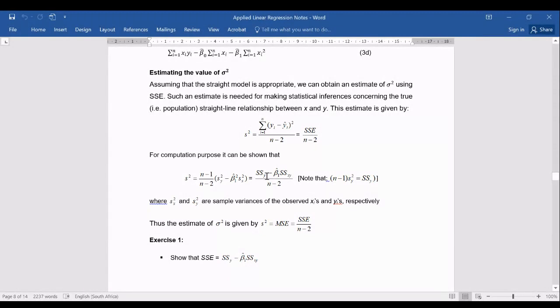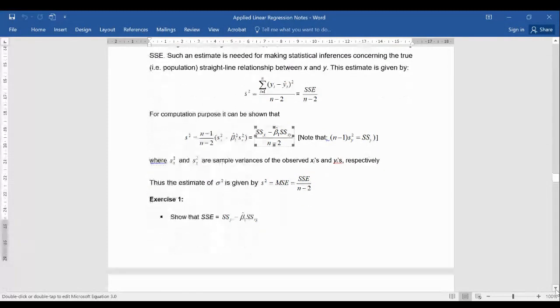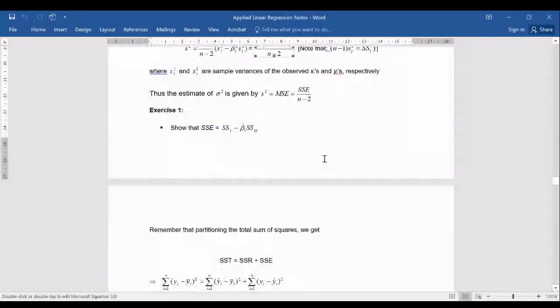So if you look at this part, we just proved the numerator here, that SSE is equal to SSYY minus beta 1 hat multiplied by SSXX. So if you divide what we just proved by the degrees of freedom, you will get the MSE. We are not going to spend our time there, we have covered that part.